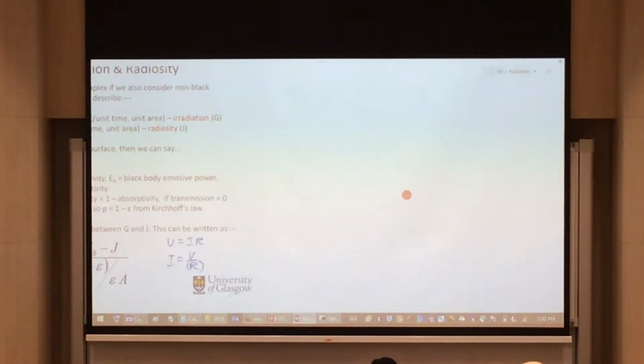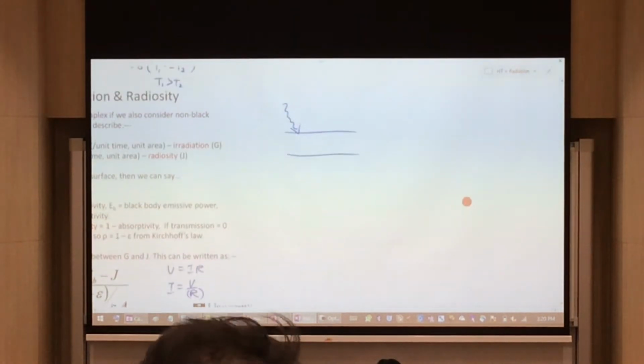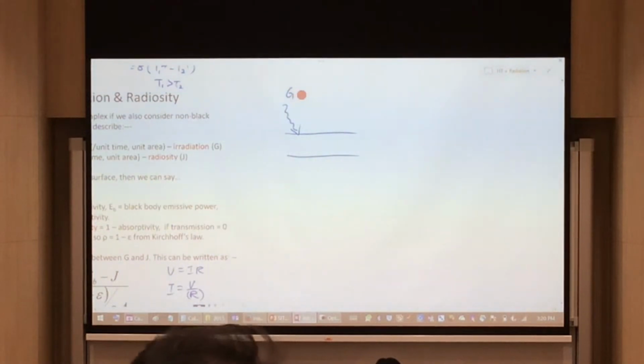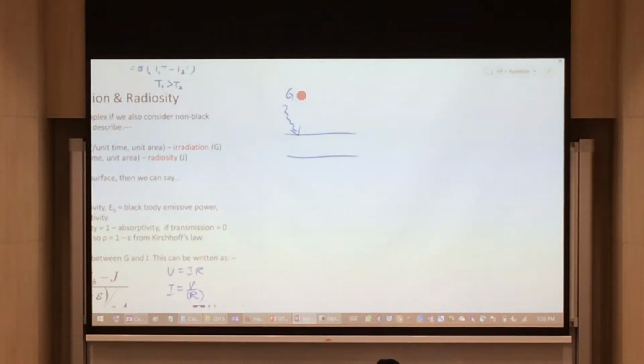We test application. So if I have a surface, and this surface has what we were saying just now as incident radiation, the technical word for incident radiation is actually irradiation. So if you hear irradiation, that means the incident radiation.